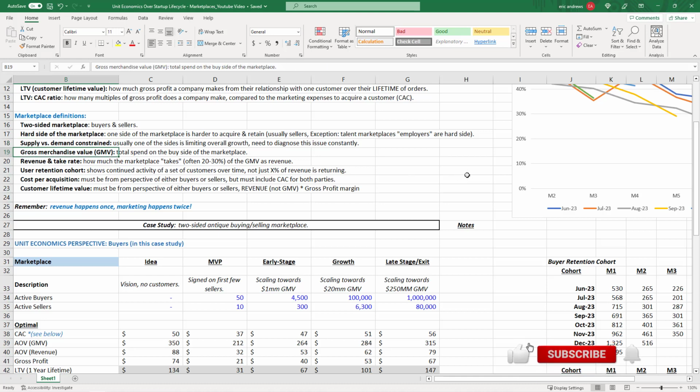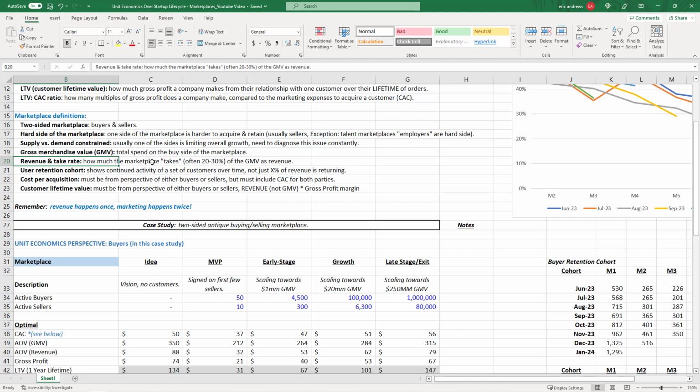Gross merchandise value, this is the total spend on the consumer side of the marketplace. That is not our revenue. Just because someone spent $100 on the marketplace, we don't collect $100 because most of that revenue goes from the buyer to the seller. So the revenue that's actually ours is something called a take rate.